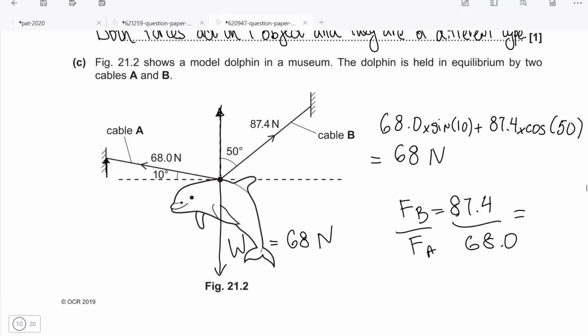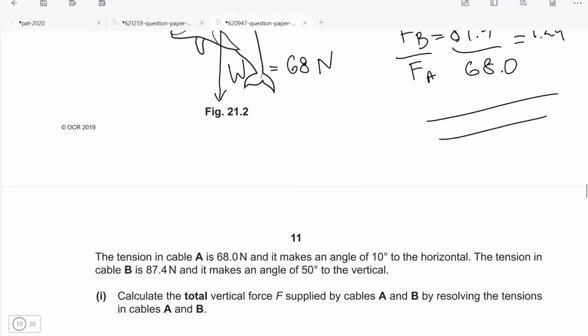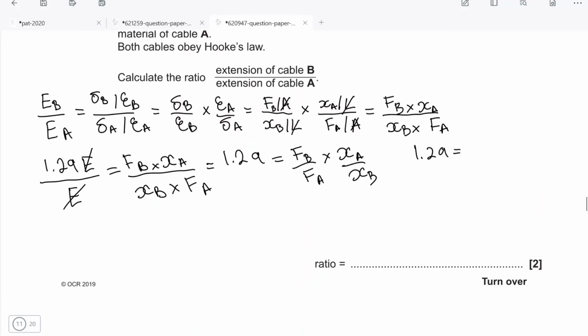So FB over FA is 87.4 divided by 68, and magically this is actually equal to 1.29 up to 3 significant figures. This is really important because we can directly plug that in here, because now we know that FB over FA is equal to 1.29 as well, times XA over XB. If we rearrange that, let's cancel all the 1.29s.